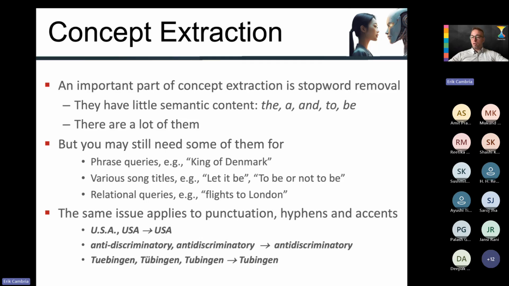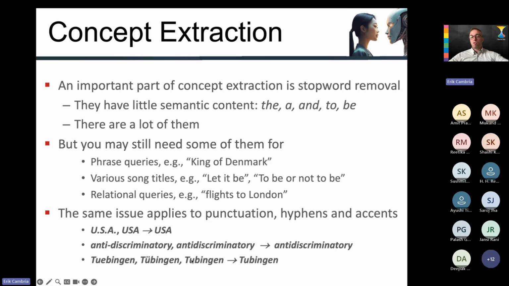As we mentioned earlier, with lemmatization, you may want to do some sort of normalization before you do concept extraction, like stop word removal or case folding. But then the question is also which list of stop words to choose. But then there are other issues, like we mentioned before, with the dot or hyphen or different spellings of the same word.